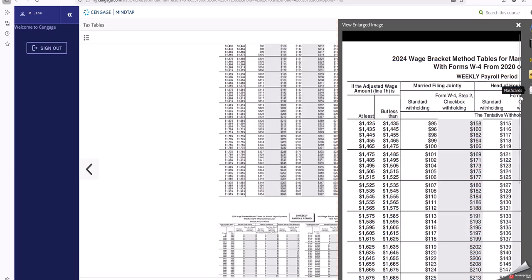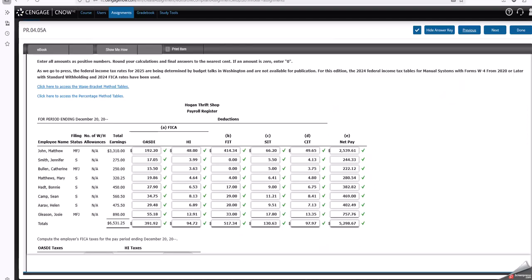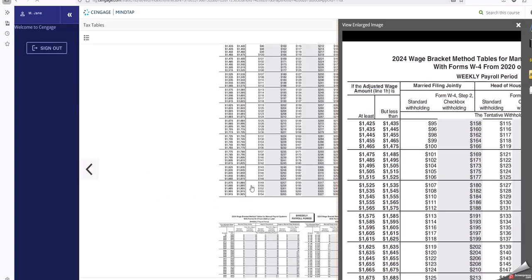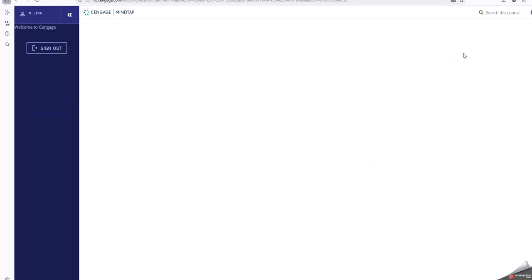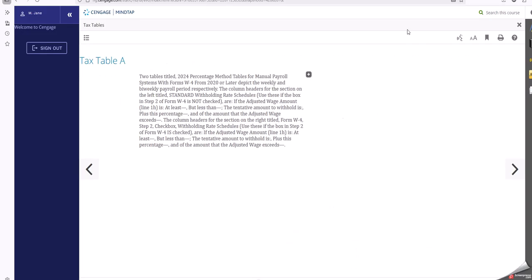So if they're out of the tables, do we go back to the percentage method tables? Let's see if we get that. I probably can look down below.